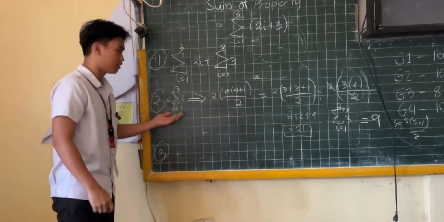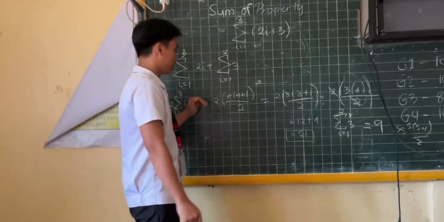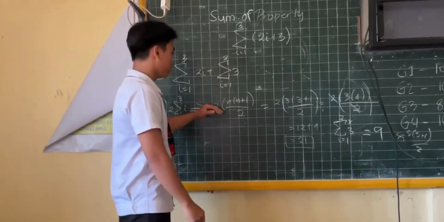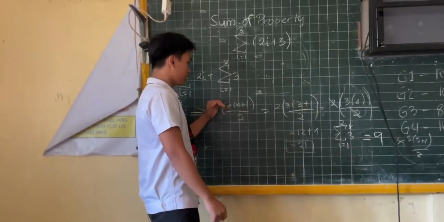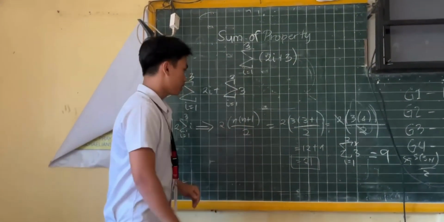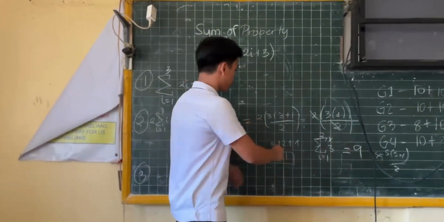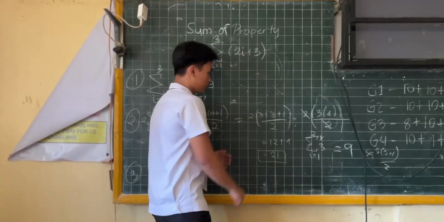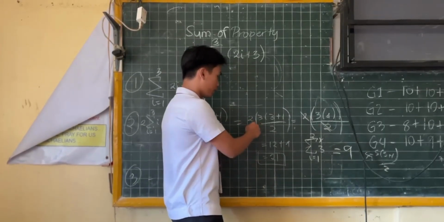So here's the result. Next we need to use the formula n times n plus 1 over 2. So we need to transpose the 2 and the 3.